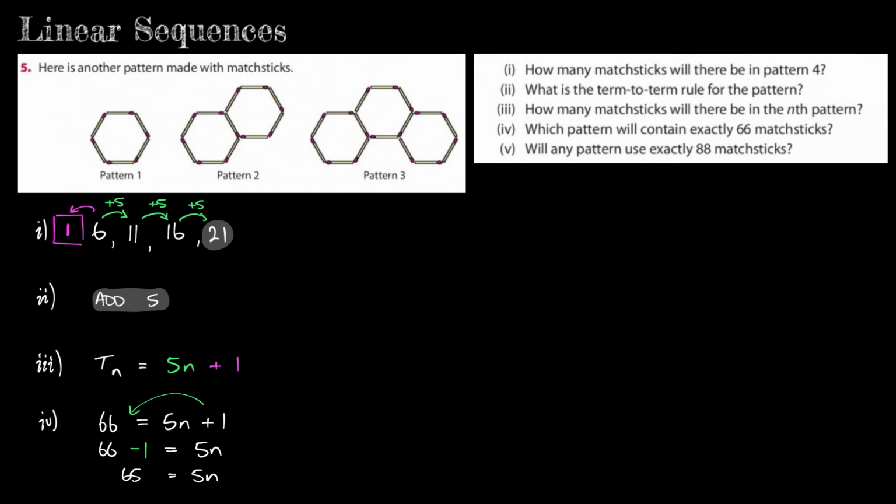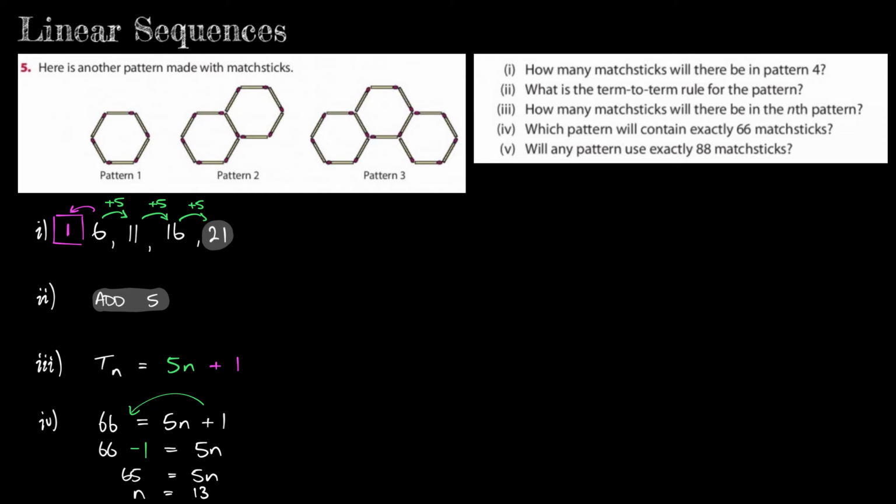And 65 divided by 5 gives us 13. So n will be equal to 13. So the 13th term will have 66 matches. That's what we worked out there. So which pattern will contain 66 matches? It's the 13th pattern that will contain 66 matches.